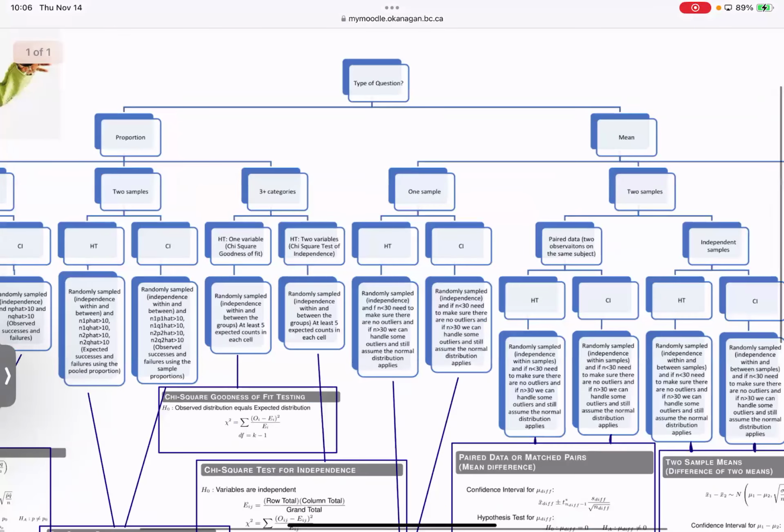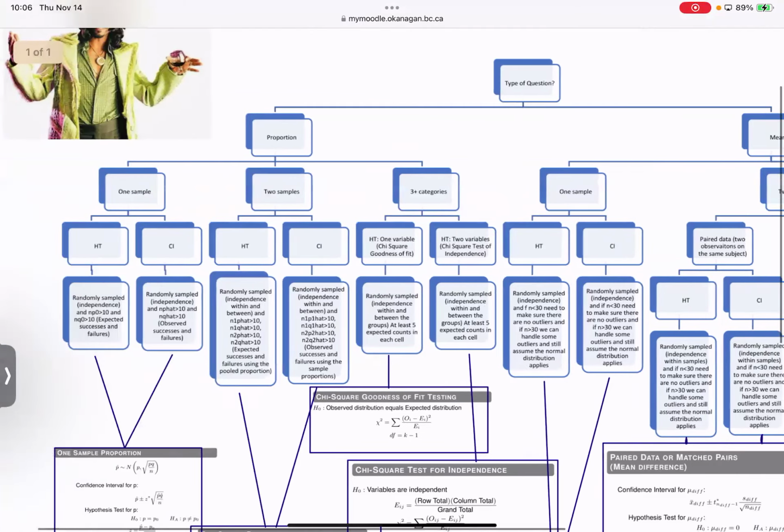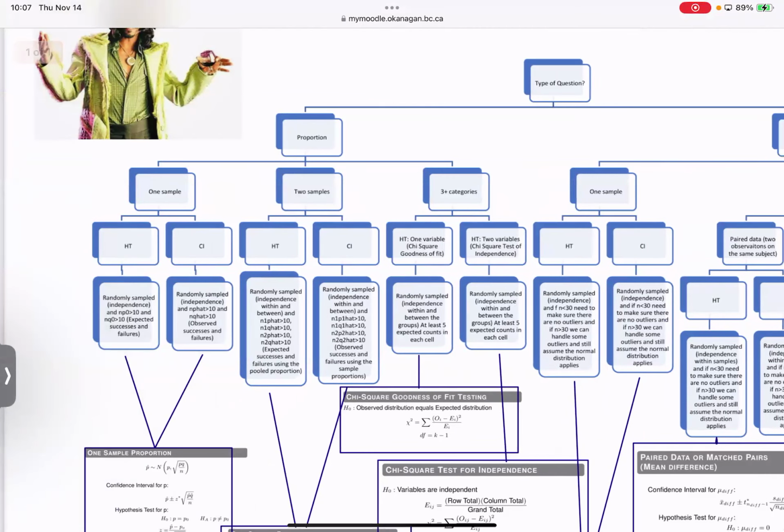So first, you're going to ask yourself, well, what type of question do I have? Is it a proportion question or is it a means question? And then if you have 1 sample, there are all the assumptions that you have to check and stuff like that. And so it might be helpful for you to make your own kind of decision tree like this, or you can use mine. But of course, the creating it is very valuable as well, right?